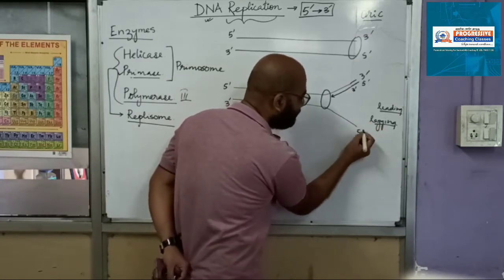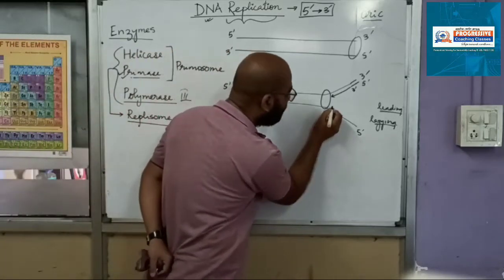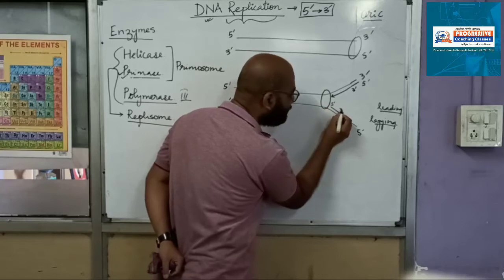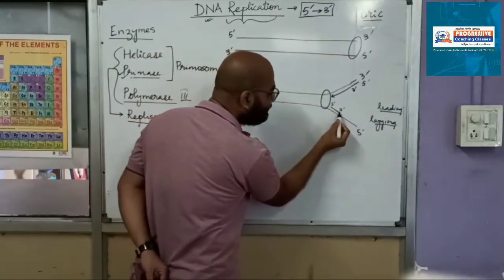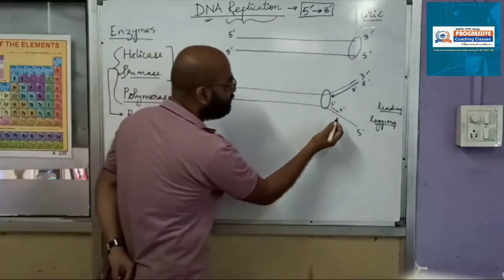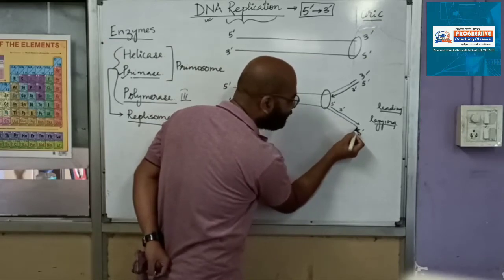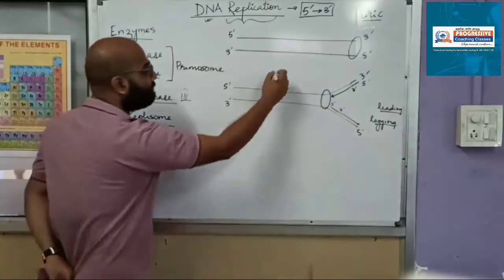What it does, the primase enzyme is made to sit the primer at this site. So this is 5', this is 3'. When the polymerase enzyme finds that free 3' hydroxyl at this site, what will it do? It will proceed in this direction till the end of the parent strand. What will happen in the next step?